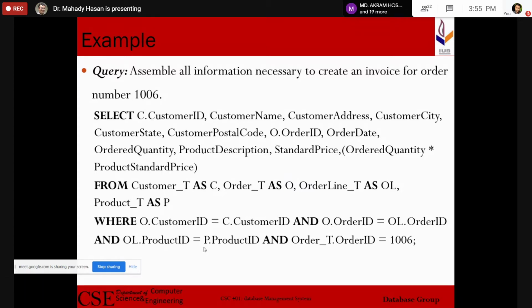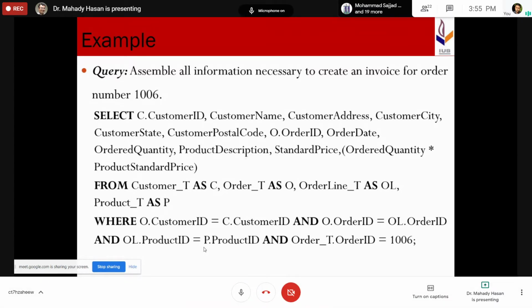We can use join, can't we? Okay, what will happen if we use join? Join is basically on top of the Cartesian product, isn't it? Yes sir. So if it is a Cartesian product, that becomes n to the power 4, isn't it?